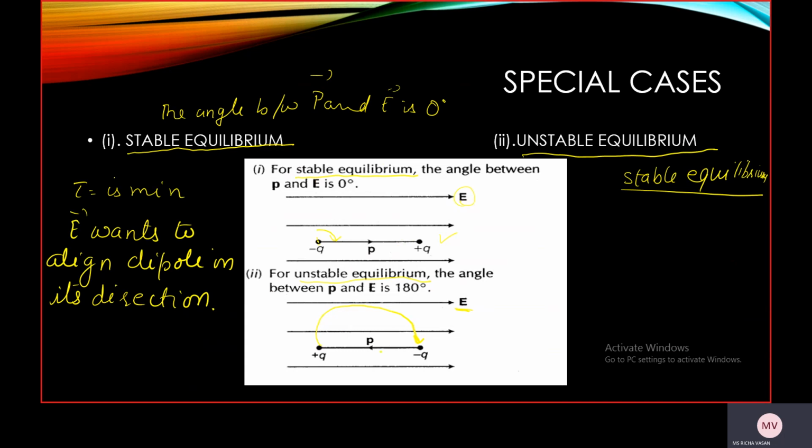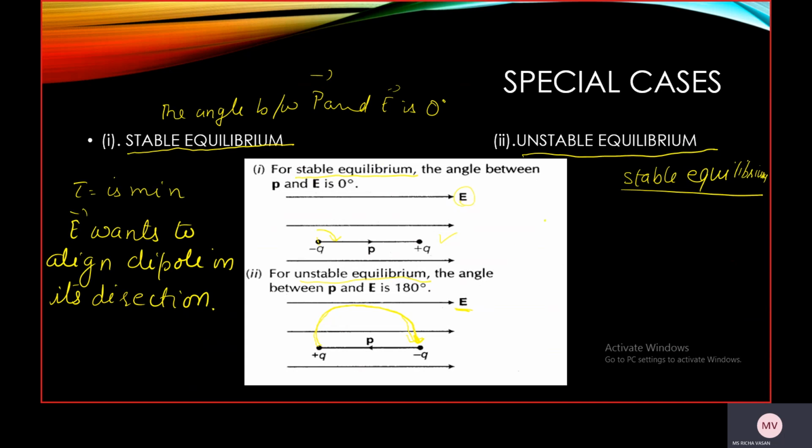But when the dipole is not aligned, that means if it is anti-parallel to the electric field, then the field will start producing a torque, and it will try to align the dipole in its direction. And in that case, we will say that dipole is in unstable equilibrium with the electric field.